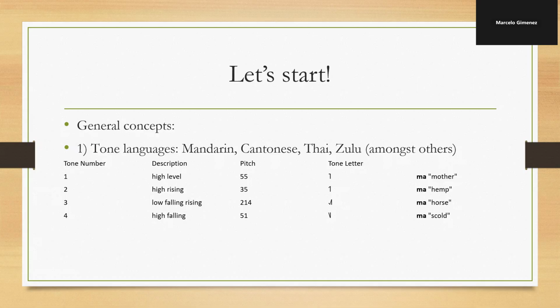I am not going to pronounce these words, but you should if you like. Depending on the level of the pitch, the meaning will be changed. We see examples here: well, mother, hemp, horse, scold.